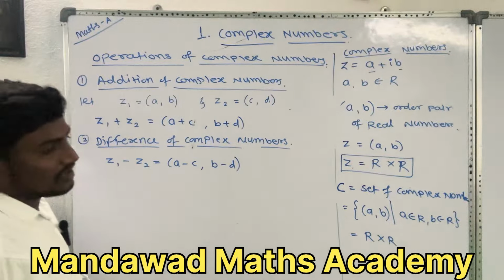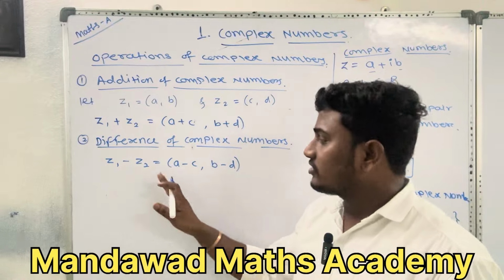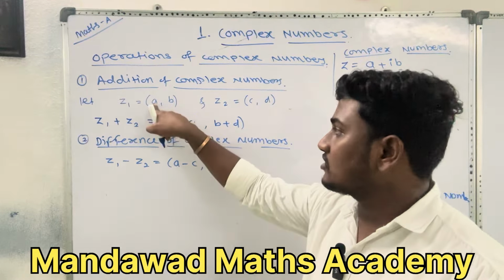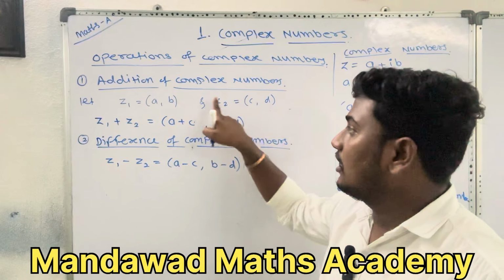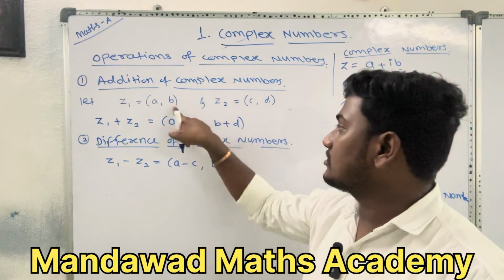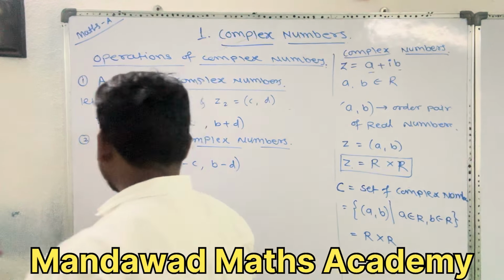So the corresponding components are subtracted, first from first and second from second. Z1 minus Z2 is defined as first component minus first component, second component minus second component.